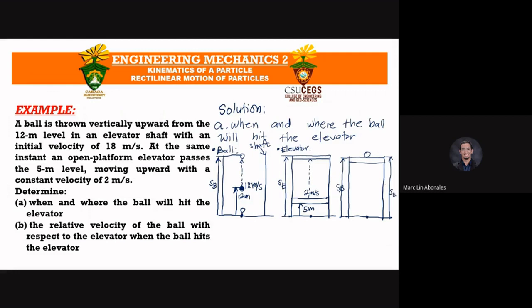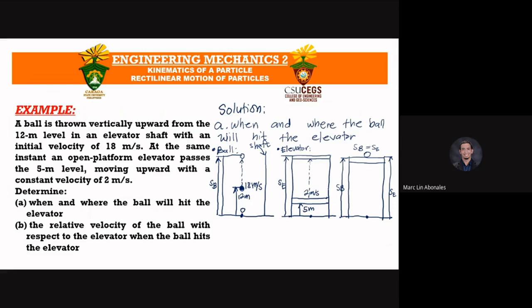So the final positions of your ball and elevator will be equal. Kay kung mag-meet ang duwa, ang ball and elevator, so ang final position sa imong ball and the elevator must be equal.